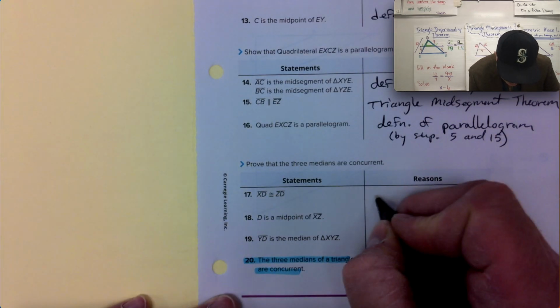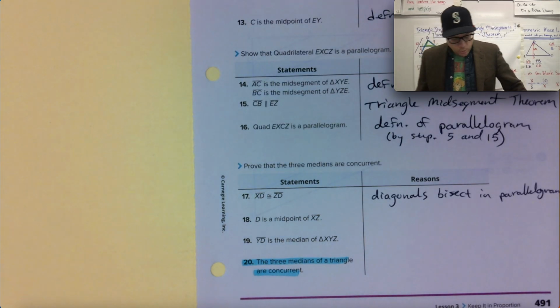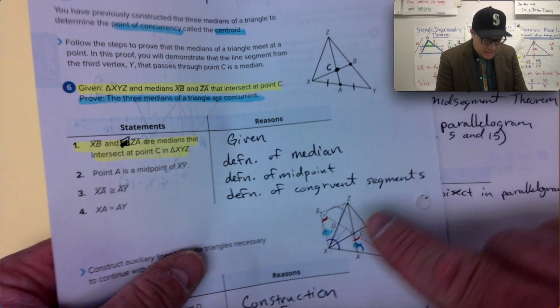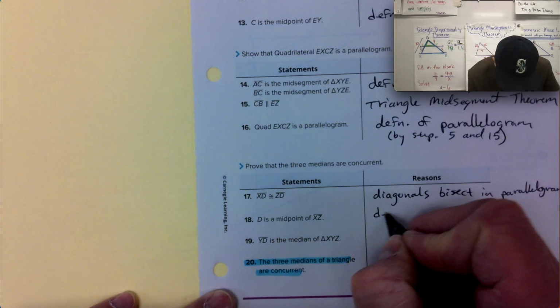So diagonals bisect in parallelograms. You have that fact from before, which means there's a point that is exactly in the middle. D is the midpoint. Definition of midpoint.